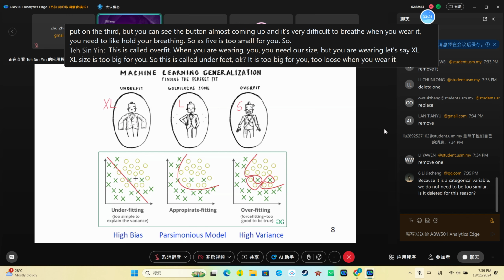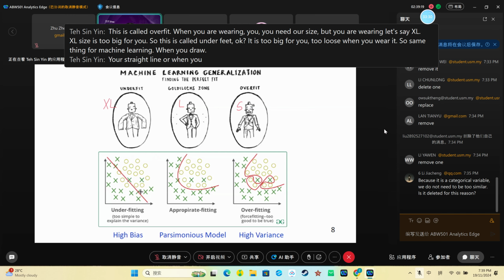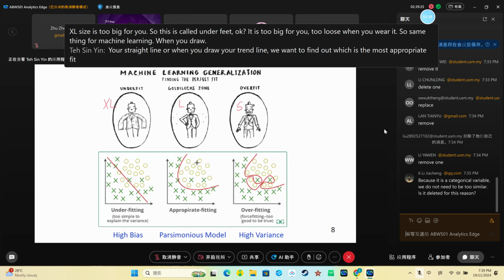Same thing for machine learning. When you draw your straight line or your trend line, we want to find out which is the most appropriate fitting. Let's say I have these circle dots and these crosses.